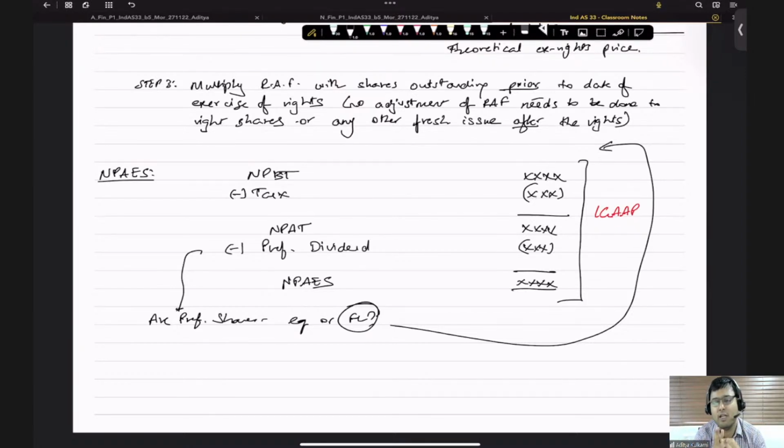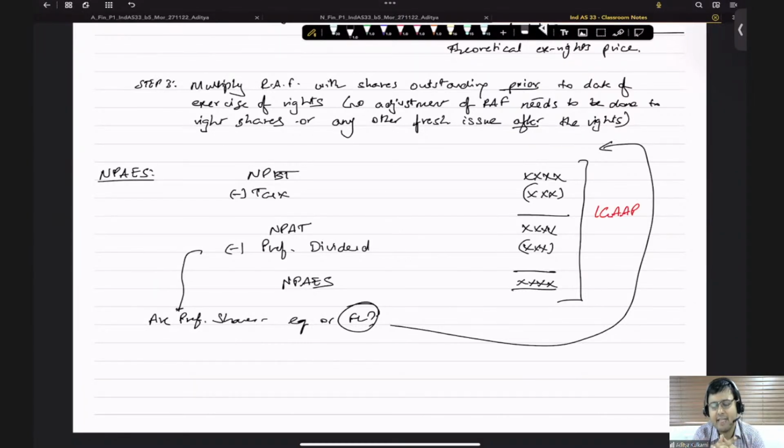Otherwise, until then, you will not get the dividend. So basically, you are meeting the requirements not of a financial liability, but of an equity. In such case, the preference shares would be classified as equity, and accordingly dividends payable to them would be deducted after net profit after tax to arrive at net profit attributable to equity shareholders.